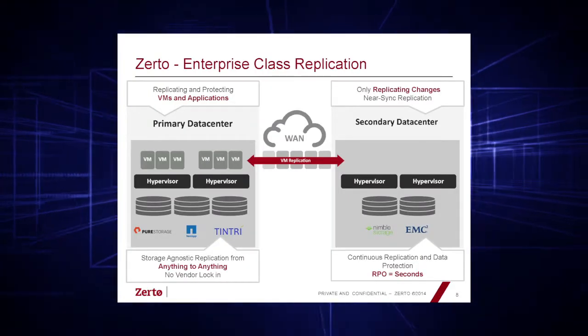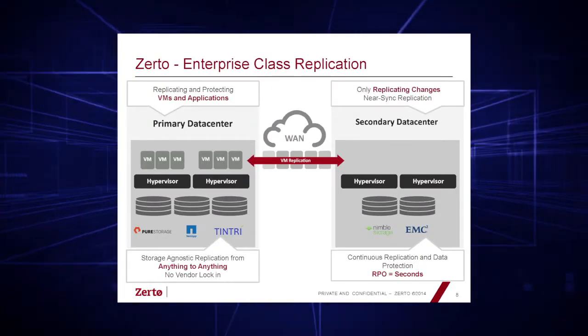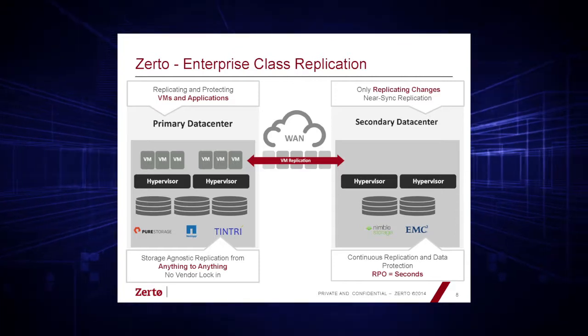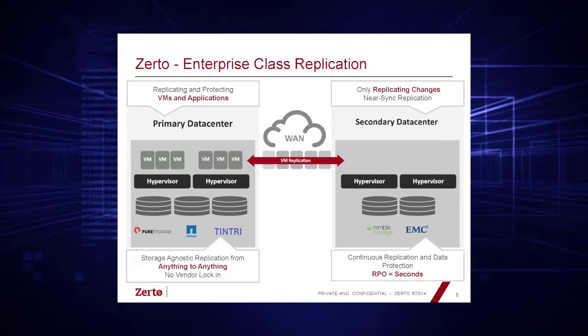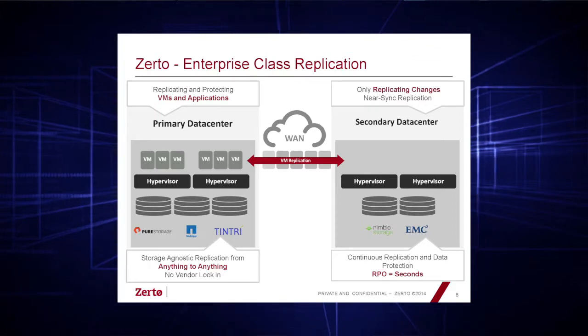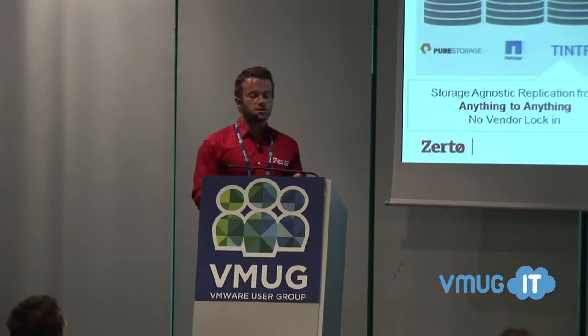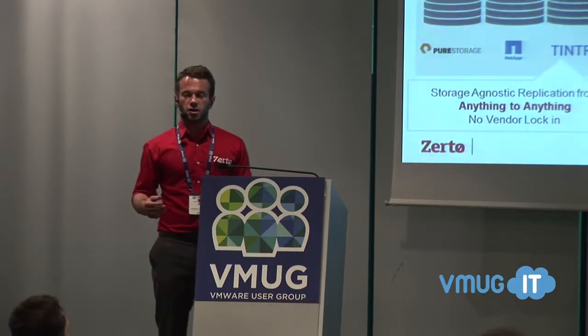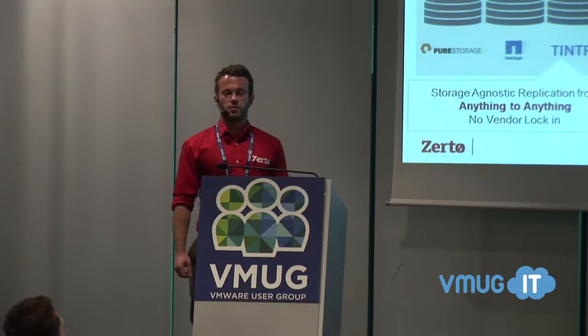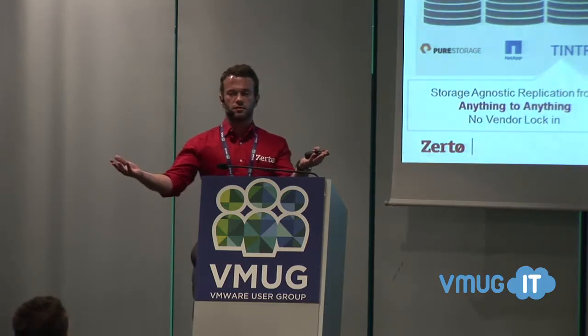So if we take enterprise class replication, I have two data centers here, some hypervisors, and completely different storage. And what Zerto is actually doing is allowing you to replicate and protect your VMs and your applications. And because it's running in the hypervisor and not relying on the underlying storage, it means, as I said, you can replicate from anything to anything.